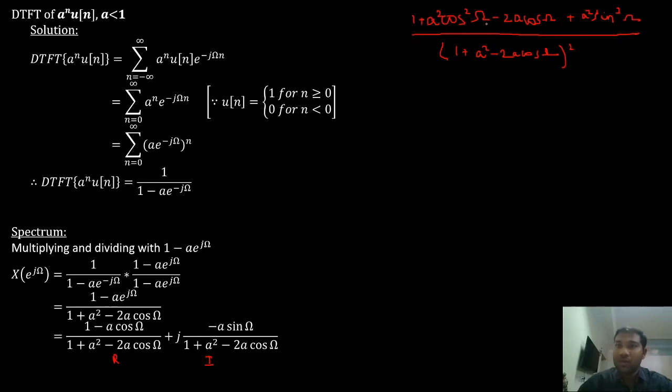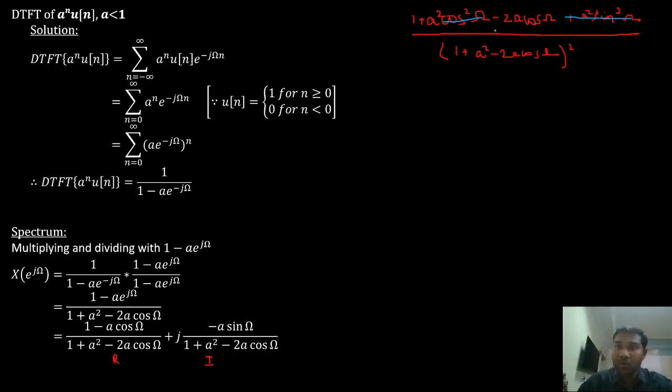Now a square cos square omega plus a square sin square omega becomes a square, right? If I take a square common, cos square omega plus sin square omega is nothing but 1. So the cos square vanishes, and I have 1 plus a square minus 2a cos omega.